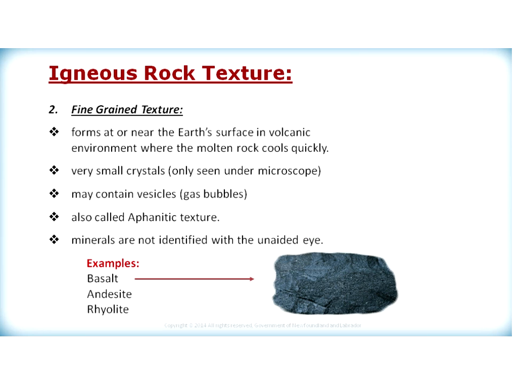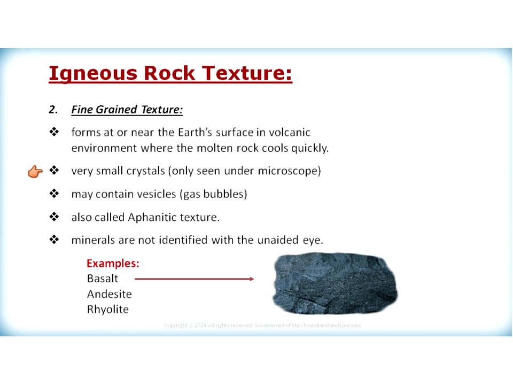The second texture we can look at is called a fine-grained texture. Fine-grained textures form at or near Earth's surface in volcanic environments, where the molten rock, namely lava, cools very quickly. We generally see very small crystals, which you cannot identify with the unaided eye.